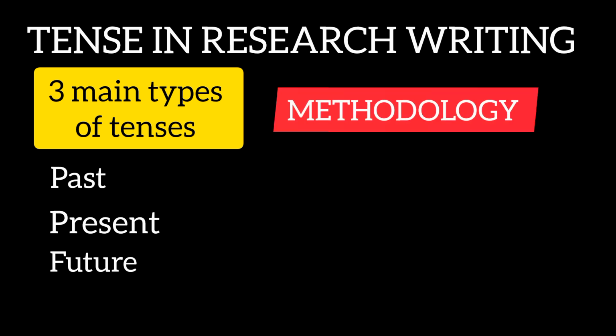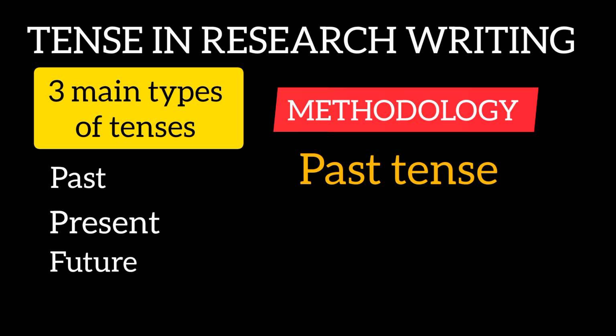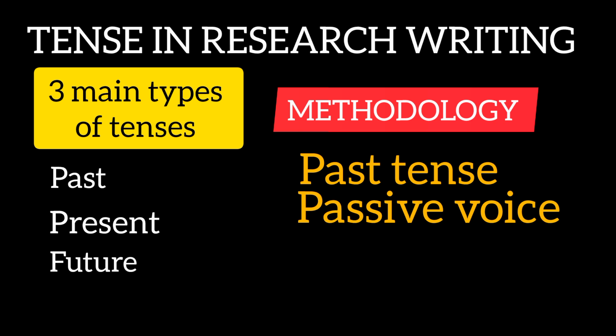In the methodology section, the past tense is used, and most importantly, the use of the passive voice. For example, 2 participants were selected from each group. Another example, Bandel's 2020 framework was followed to group the themes.